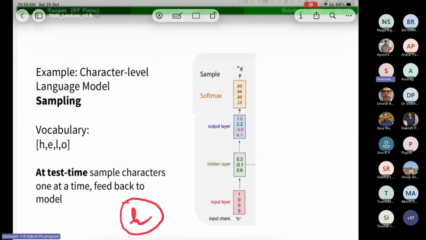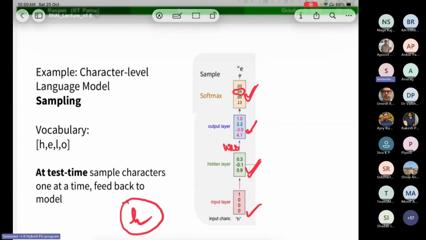Suppose you have given the H, and then it got the hidden layer, it generated the state, then output the WHY, then it has applied the softmax, and then it got the maximum value at this point.